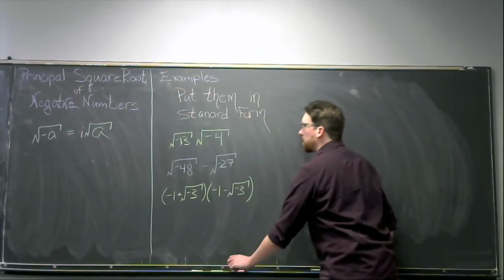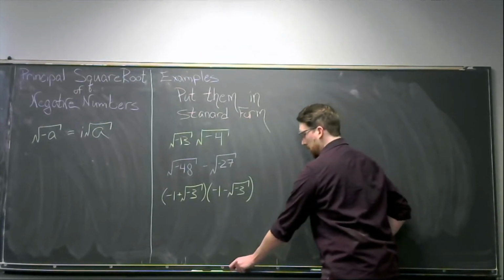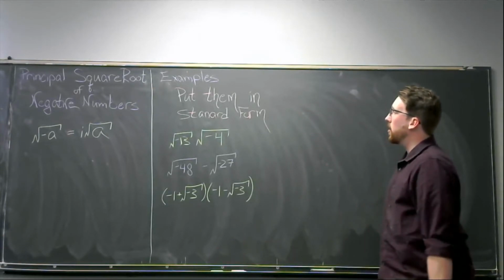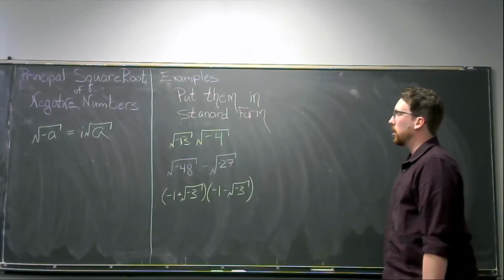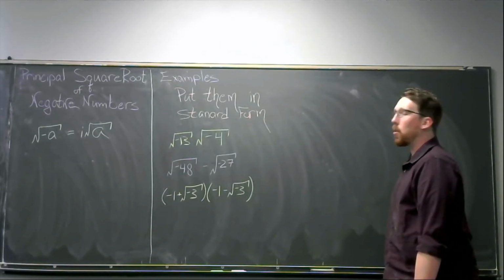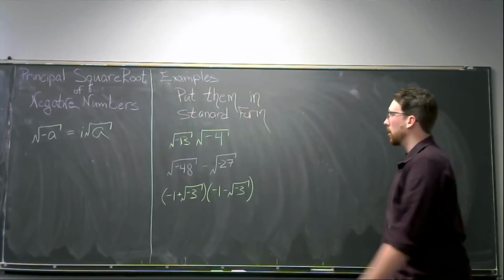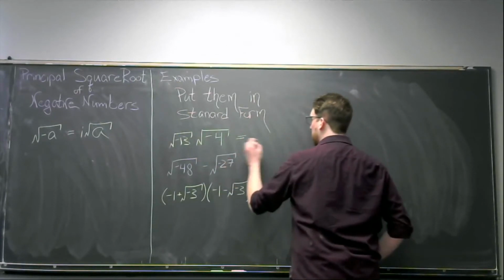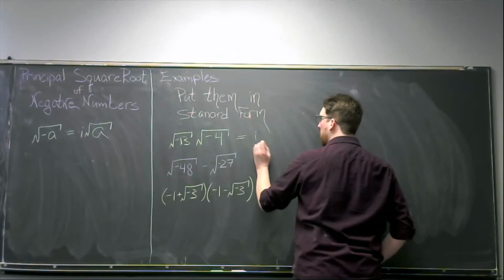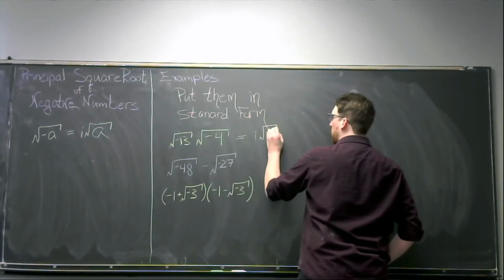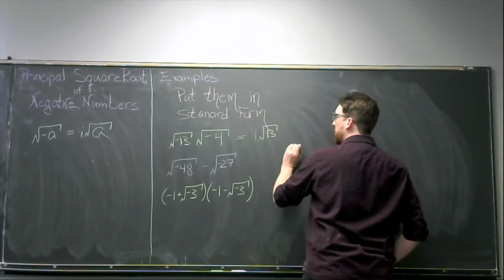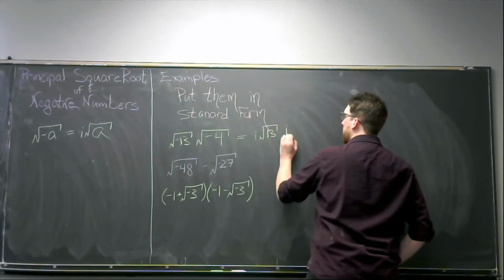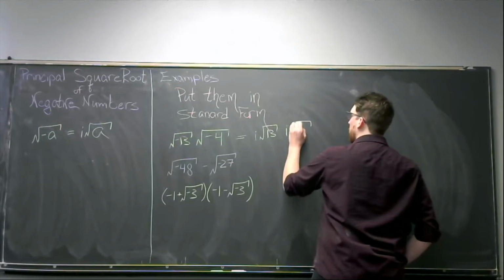In this first example, we've got the square root of negative 13 times the square root of negative 4. Well, based on this, that is equal to i times the square root of 13 times i times the square root of 4.